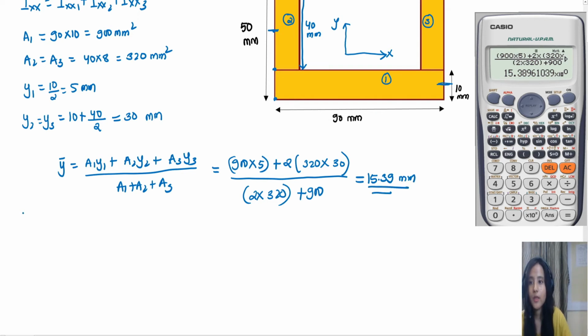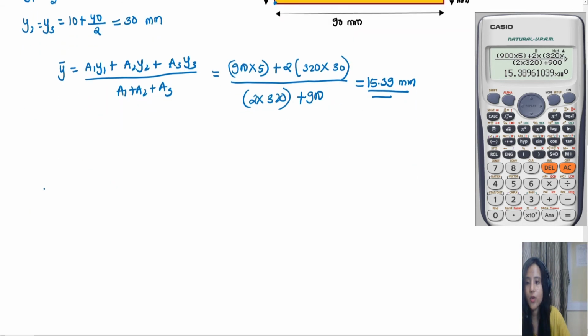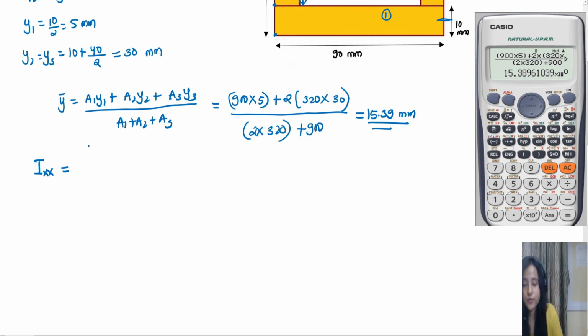Now let us find Ixx1, 2 and 3. Ixx will be equal to, for Ixx1 I need to find bd cube by 12 plus a1 h1 square, parallel axis theorem, right?